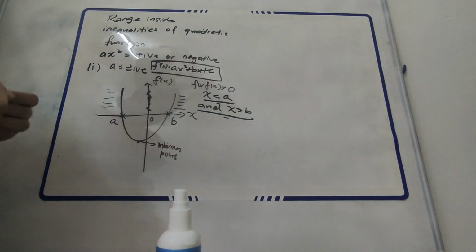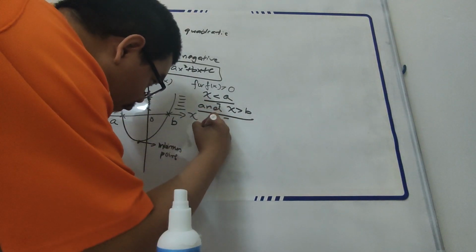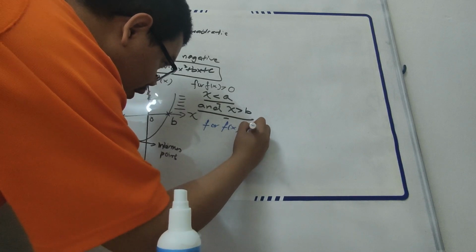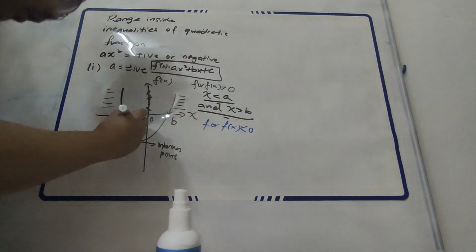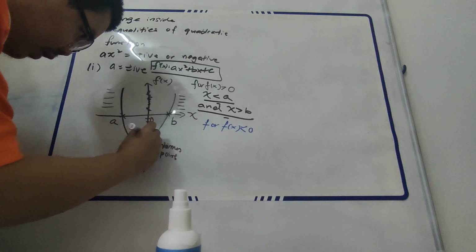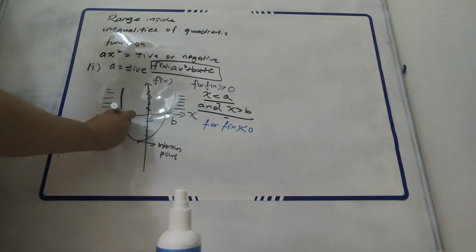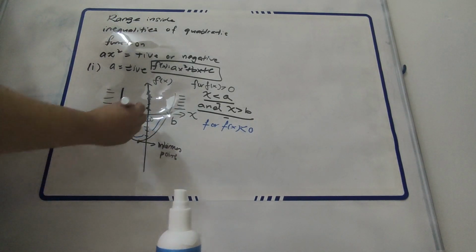Okay, so now the second part, for f(x) smaller than 0, that means you need to see this part here until here, the range between the curve. So you will see from here go to here, then stop.